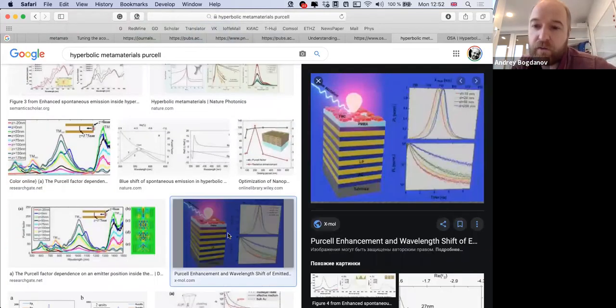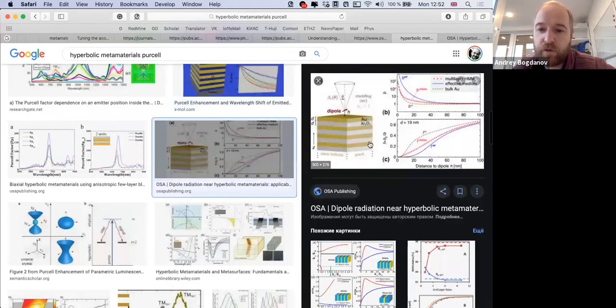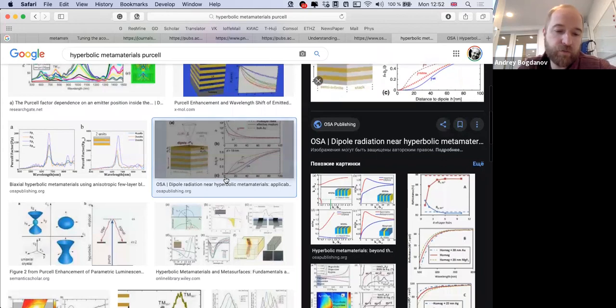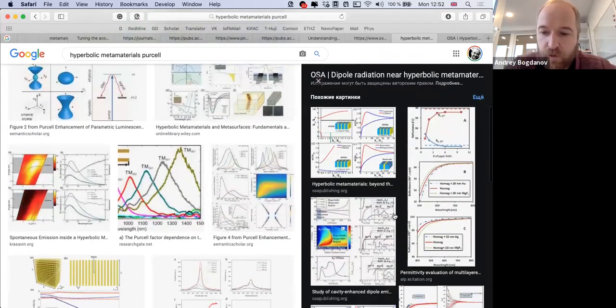Or like here, you see some multilayer structure and something at the top, also a dipole over the hyperbolic metamaterial. It was very popular maybe 10 years ago, but now there are also many works on hyperbolic metamaterials.